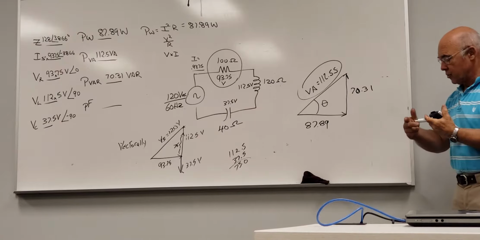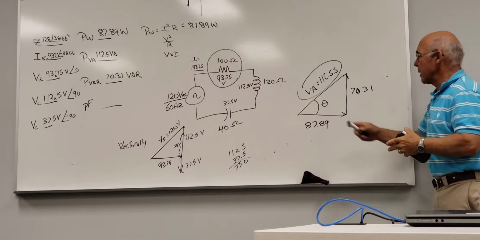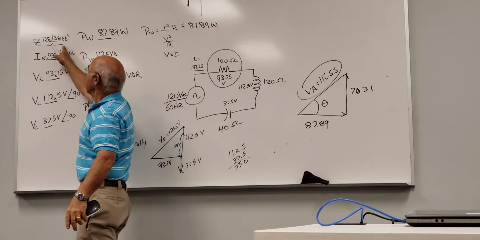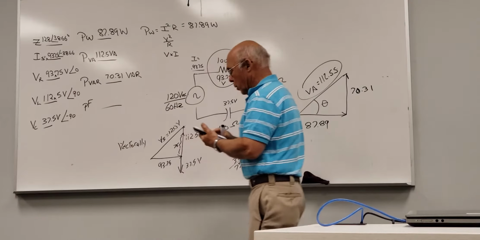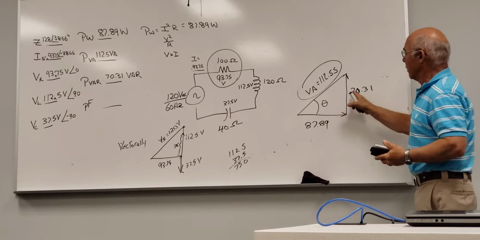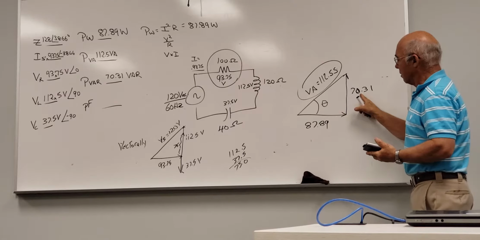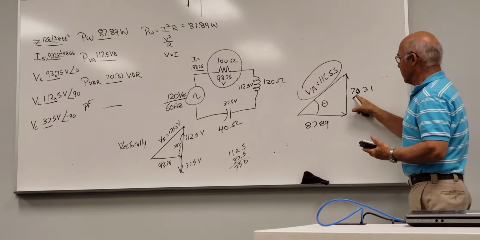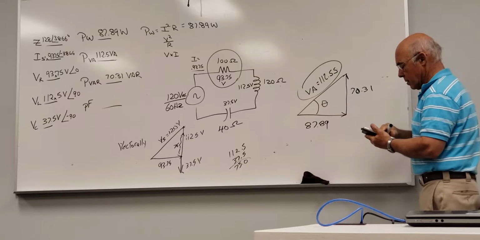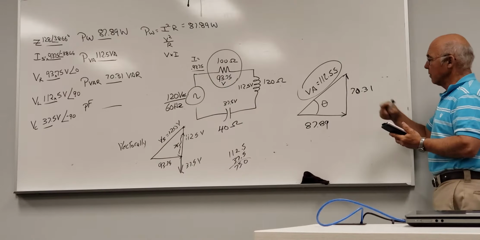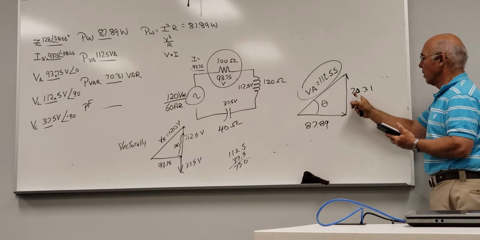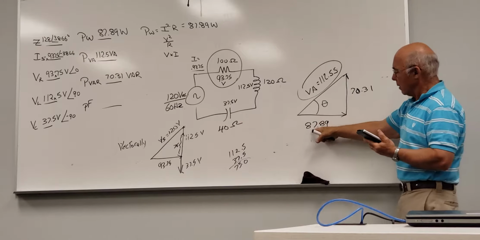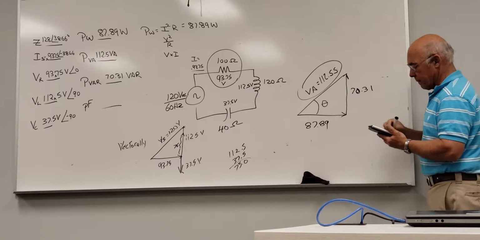Alright. Just so happens that that is the same angle as you get when you calculate the impedance. We wanted to know what this angle is from here, we take the arc tangent of the tangent. Tangent is opposite over adjacent. So we want arc tangent of 70.31, the reactive component, divided by the resistive component.